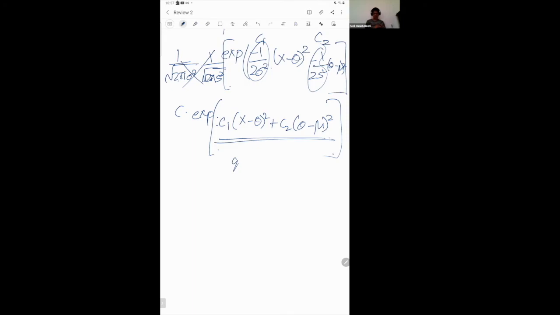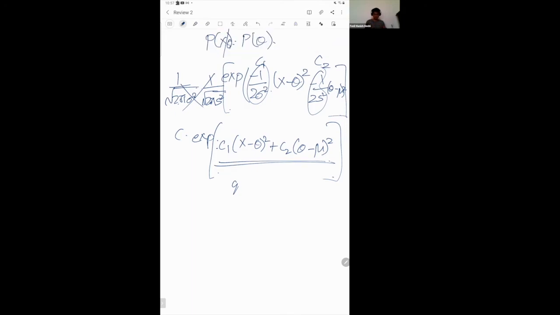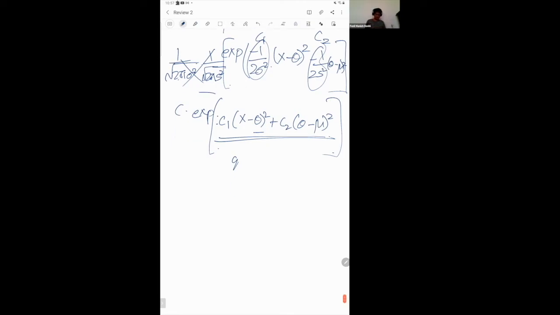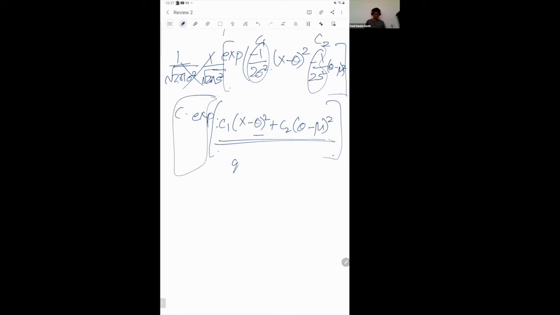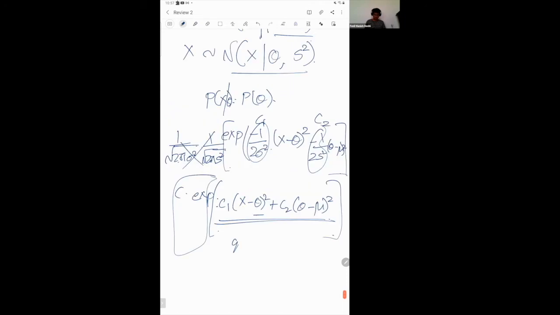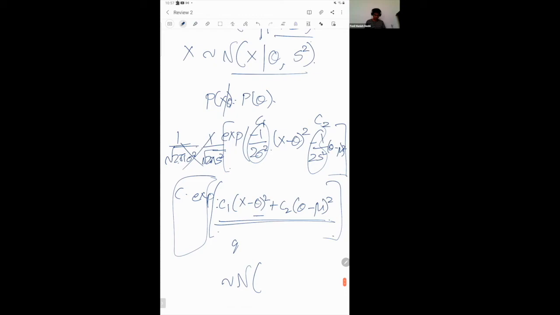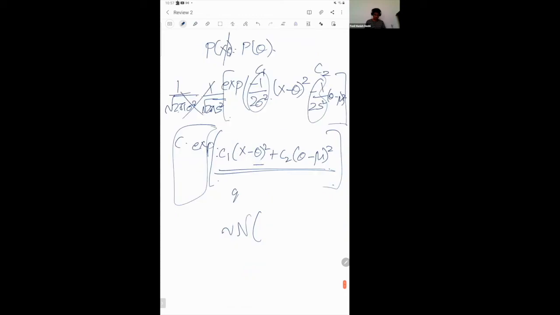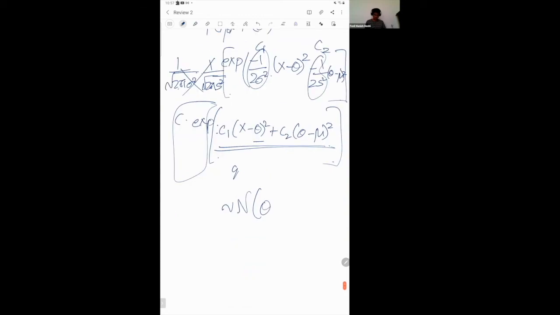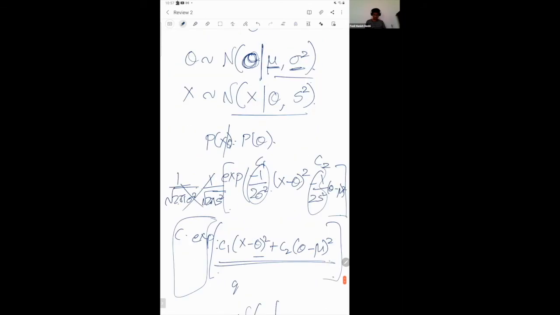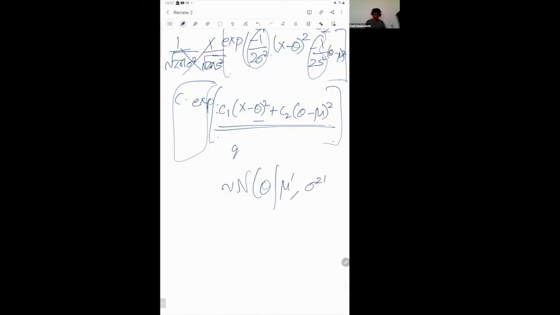And since whenever the exponent is quadratic in some variable, you can define a normal distribution by just normalizing it. So the output is again some normal in theta, but now the parameters won't be mu and sigma, it should be mu dash and sigma dash the whole square.